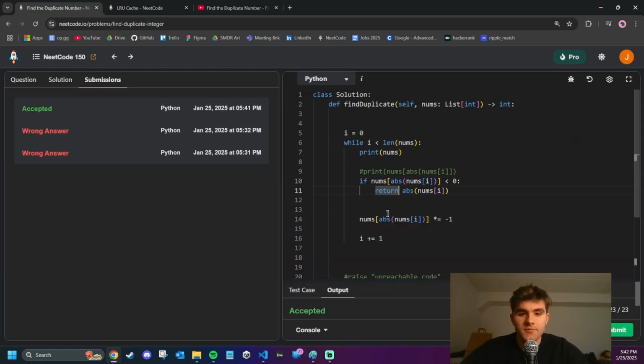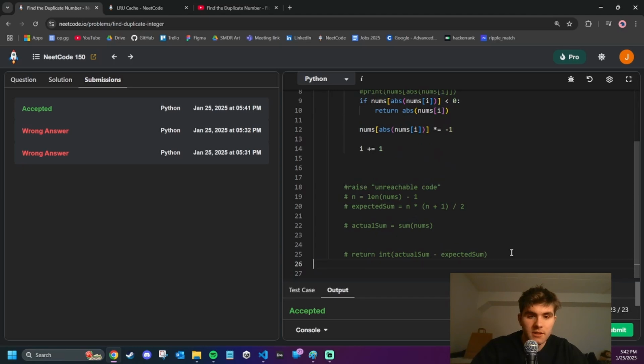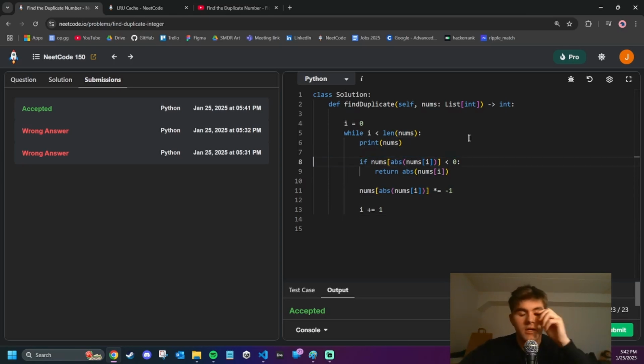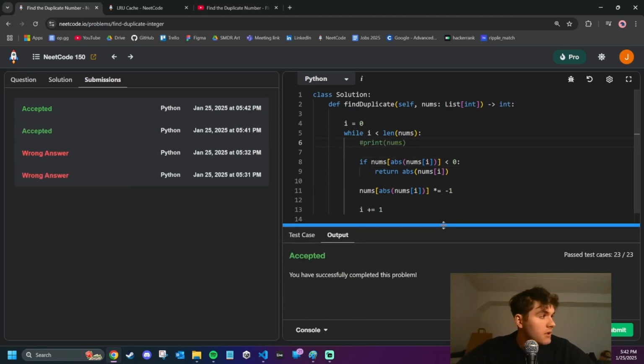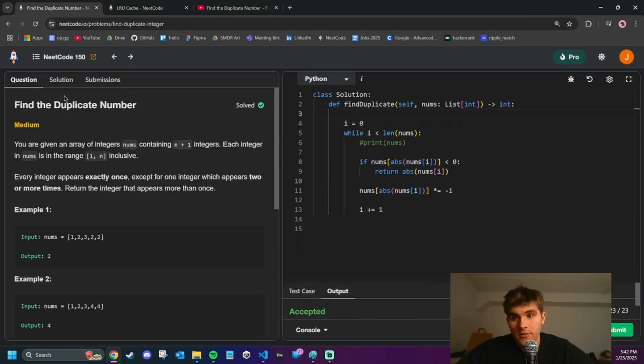Okay. Pretty rough day with the code today. Yeah, pretty tricky. I had to look at the solution, and even after I looked at the solution, it took me a while. I wish I was getting these a little quicker, but I guess I'm still learning and everything. But yeah, so that was pretty rough.